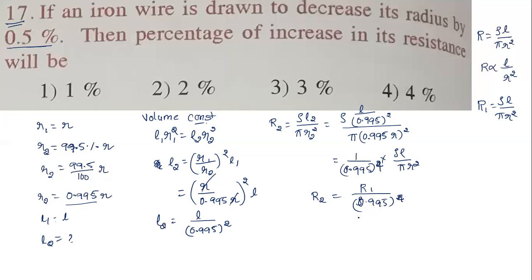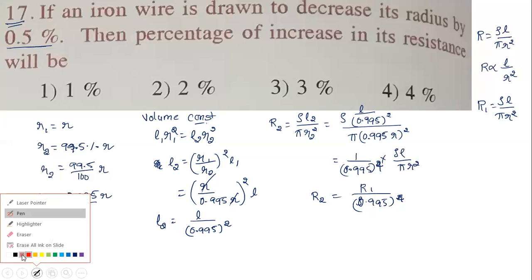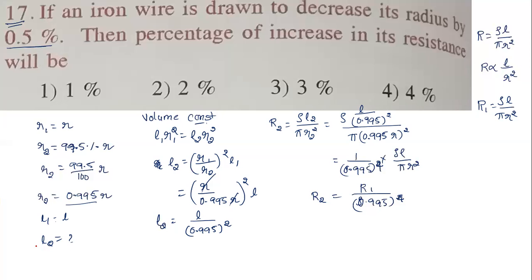Now we need to find the percentage of increase. Let me take a different notation. You need to understand the concept; the concept is important. This question is a little bit heavy, but the concept is important. Percentage of increase is always given by R2 minus R1 by R1 into 100%.